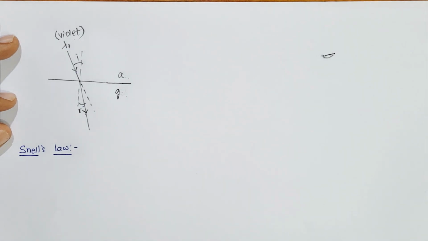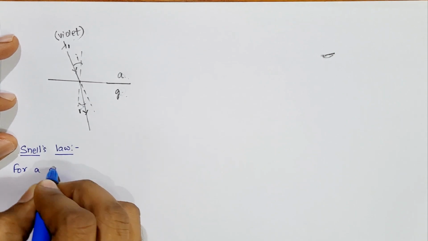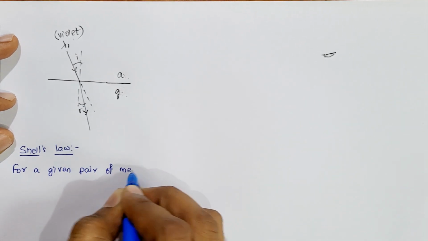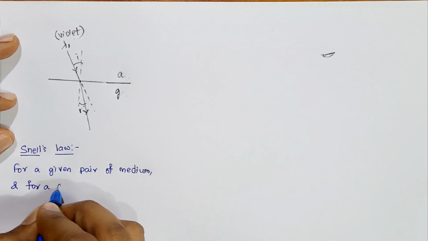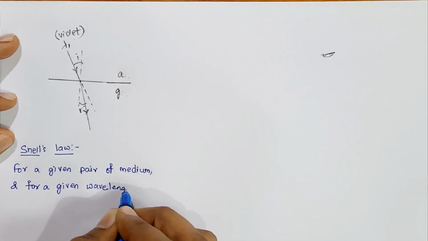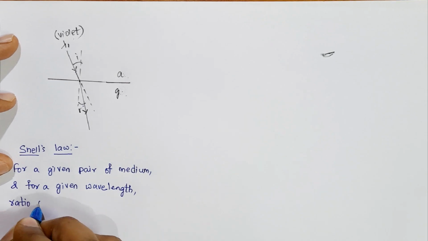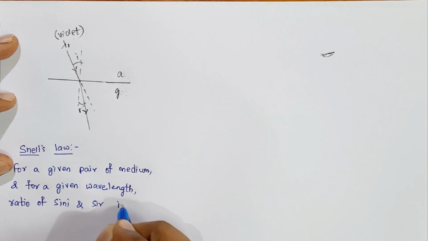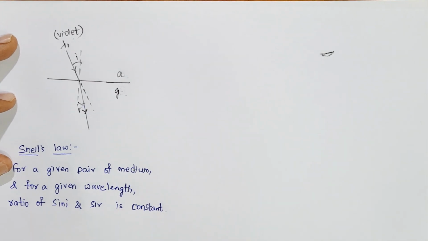So Snell's law can be stated as: for a given pair of media and for a given wavelength, the ratio of sin i and sin r is constant.